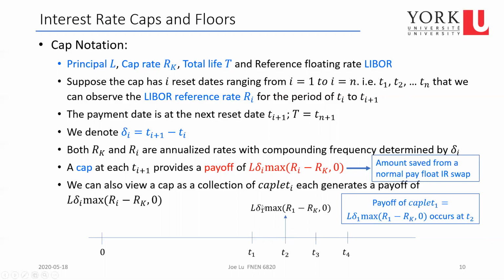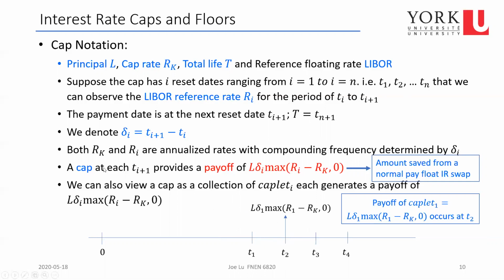For each of the dates, we observe the floating rate, RI. The difference between T1 and T2, we call this delta I. Basically, it gives us the difference in time.